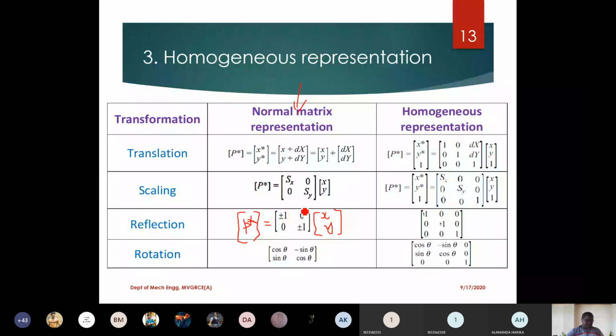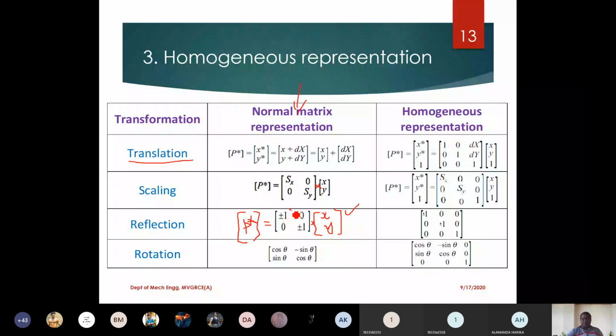except translation, all the remaining three fundamental transformations are in a multiplication format, which means the old coordinate we are actually multiplying with one transformation matrix. The transformation matrix may be different corresponding to different operations, but the form is always the same, multiplication form.